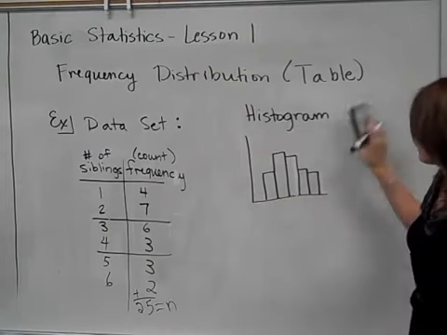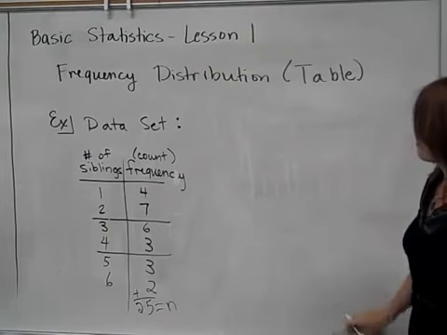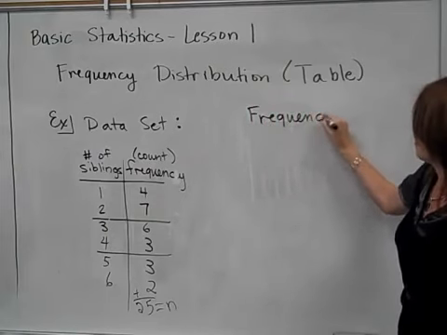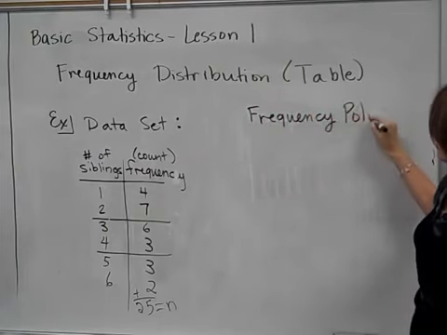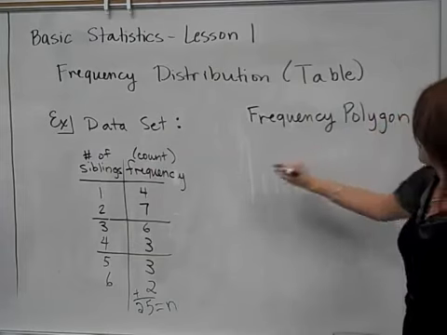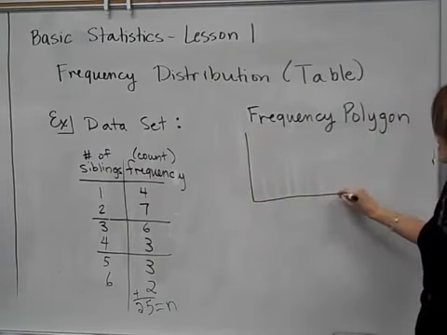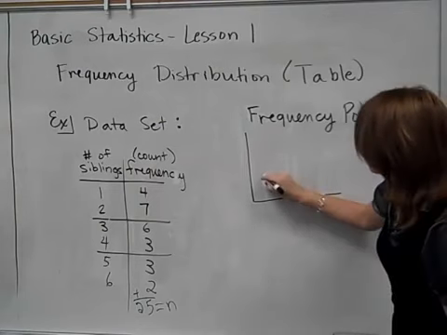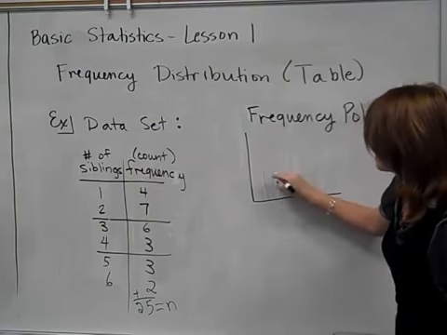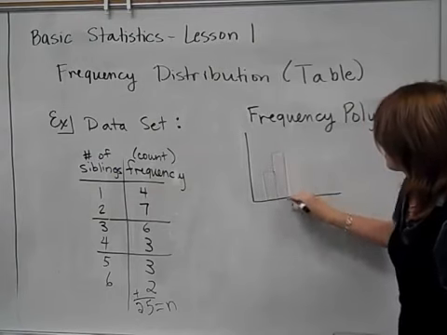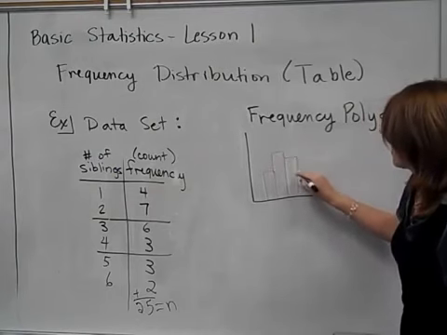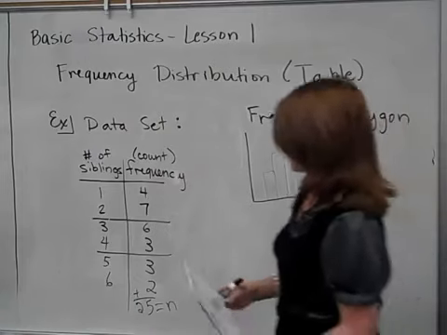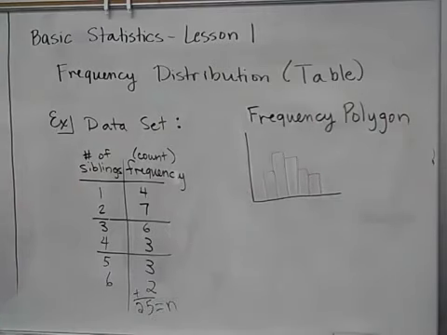And then the other type of graph that we're going to draw is called a frequency polygon. And you might be able to see the histogram on the back, but let me show you what's going to happen here. In fact, let me etch it very lightly. Frequency polygon comes from a histogram. In fact, let me change colors.